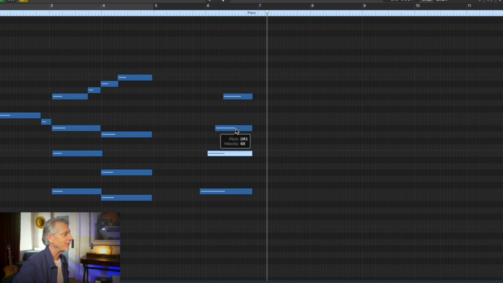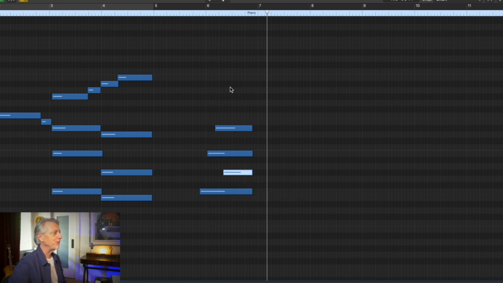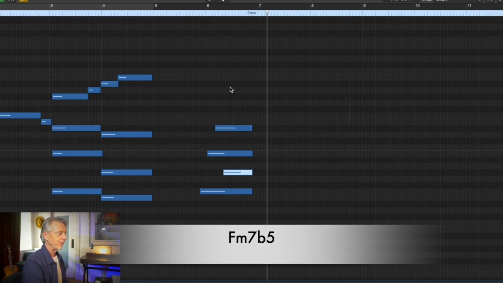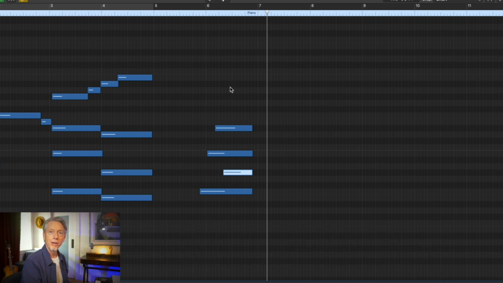And if I grab this note and pulled it down here, it would be really, I think, easy for most of you to see this as a half-diminished 7th chord based on F. It's kind of a strong sound, and we know that it goes to E7, and we know that that goes to A minor.